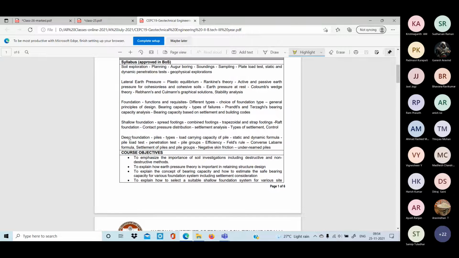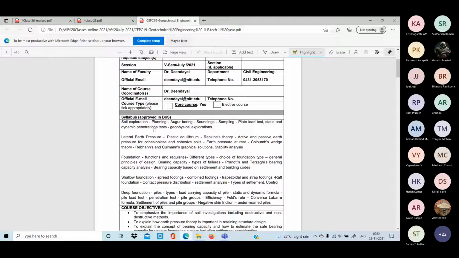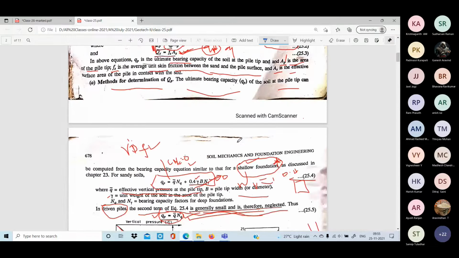What we have done is deep foundation, piles, types, and so on, and dynamic formula, all these things we have cleared. But at least you can expect one problem from each chapter, okay? And maybe from pile foundation you can expect 2 problems because we have not covered it in the internal. Okay? Because I'll be giving 2 hours to you, right?